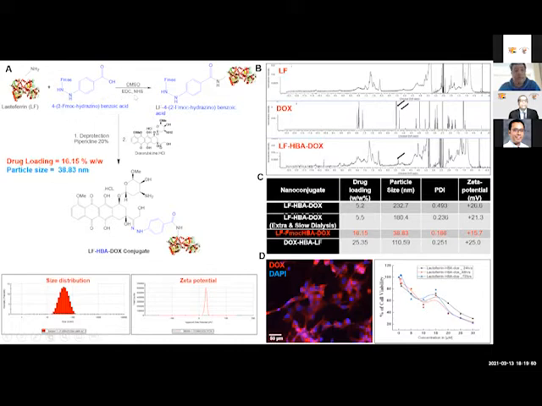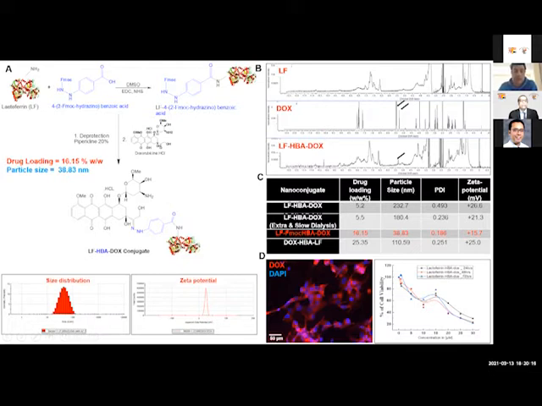Then a carbodiimide reaction between the carboxylic group of the hydrazinobenzoic acid and the amino group of our protein, lactoferrin, has been established. Then we added the doxorubicin here as an immunogenic cell-inducing agent to generate a hydrazone bond. The hydrazone bond is a type of pH-responsive bond that can be cleaved only in tumor cells.